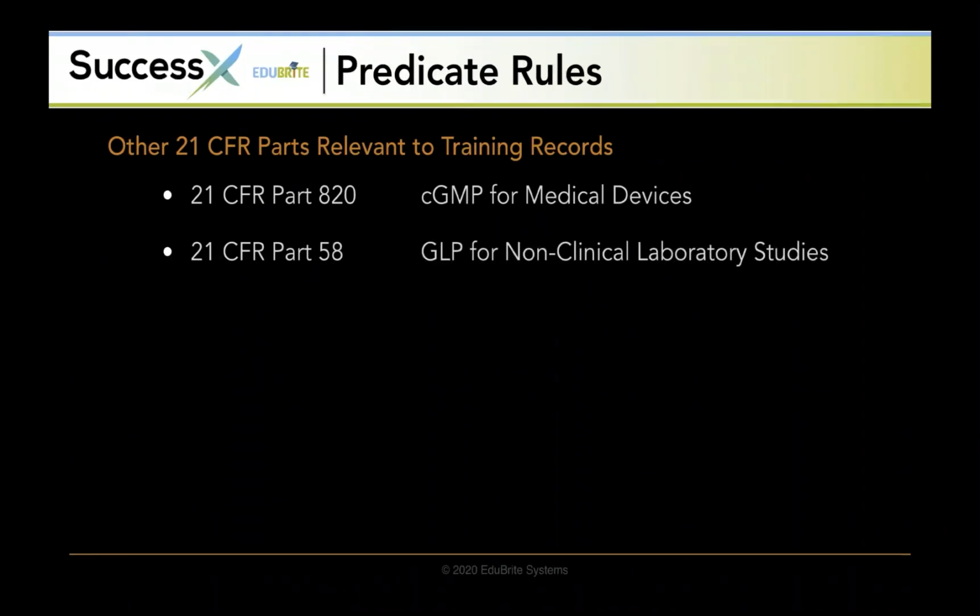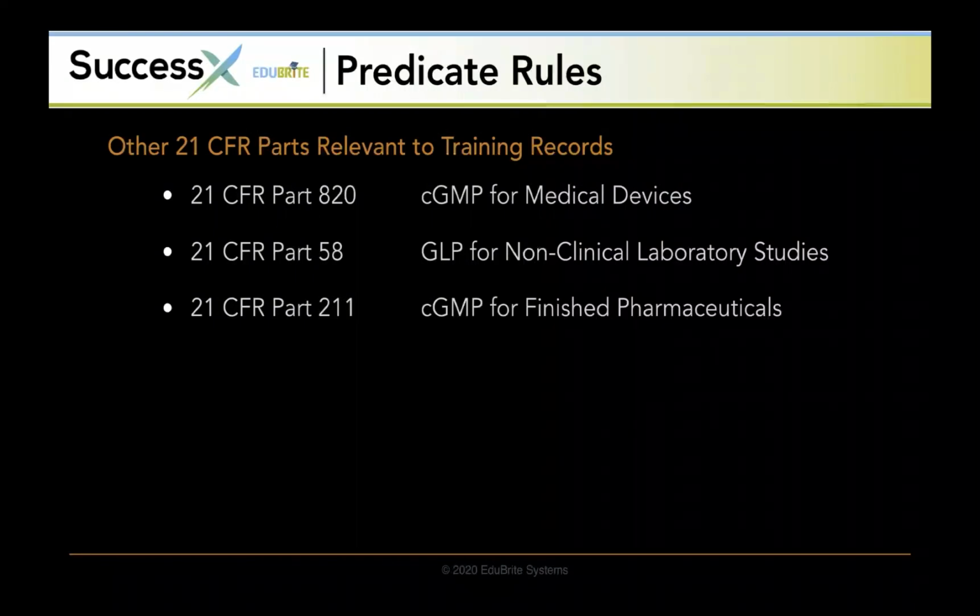And then Part 211, this is where records shall be maintained for all components, drug product containers, closures, and labeling for at least 1 year after the expiration date. So that's the finished pharmaceuticals aspect of it. So all of these, while not part of Part 11, are applicable to training records as well, and something that these industries should consider as well.